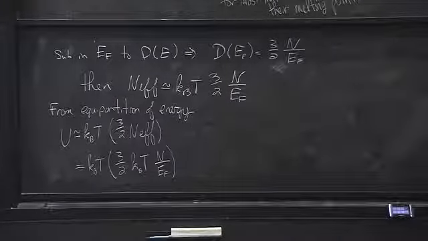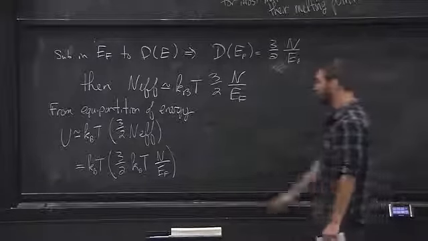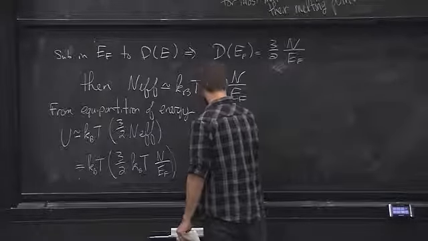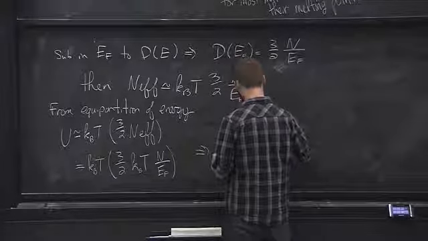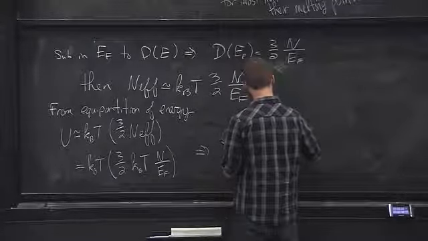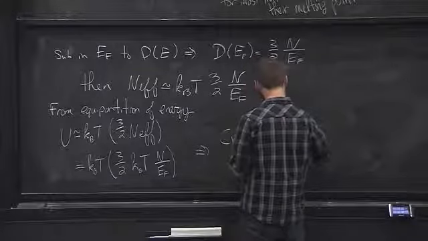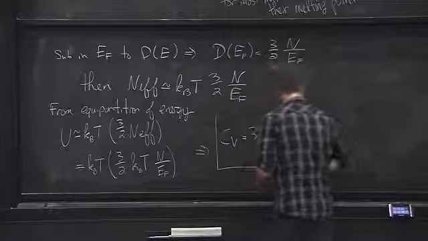So I get something like kBT squared, because I have 1 in the N effective and 1 from the equipartition of energy. 3/2 N over the Fermi energy. So this will give me a specific heat that's proportional to T.